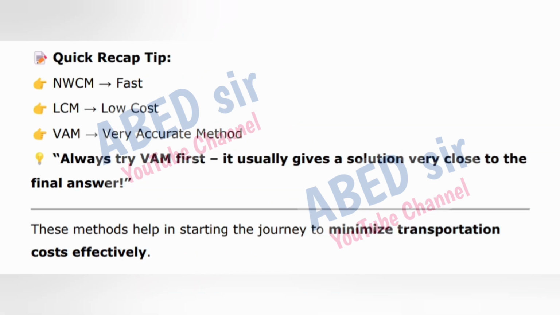Quick recap tip. NWCM fast. LCM low cost. VAM very accurate method. Always try VAM first, it usually gives a solution very close to the final answer. These methods help in starting the journey to minimize transportation costs effectively.